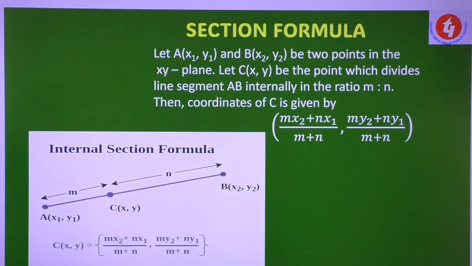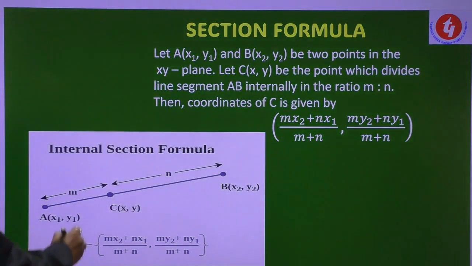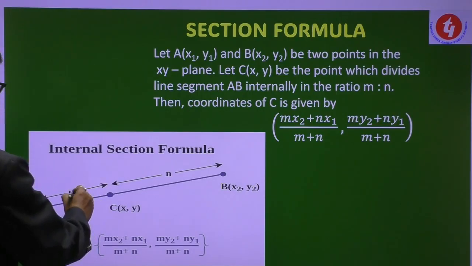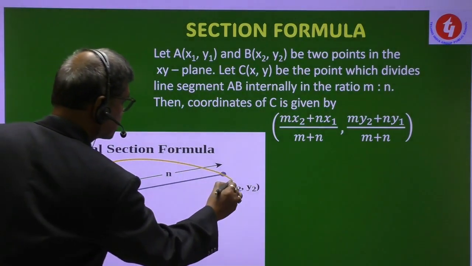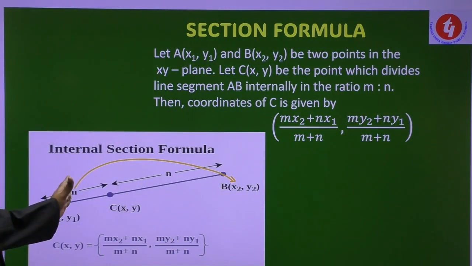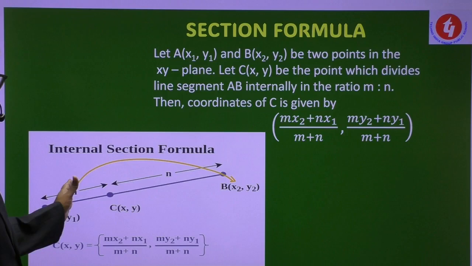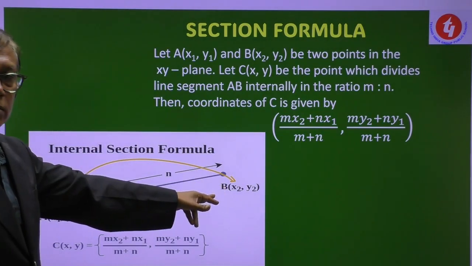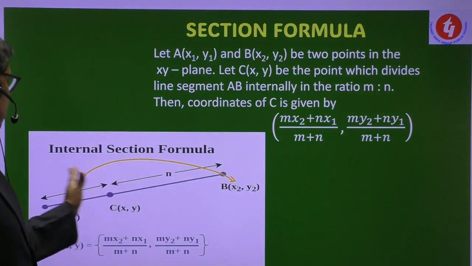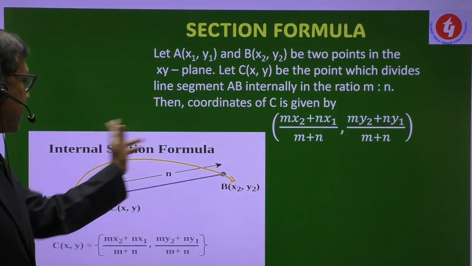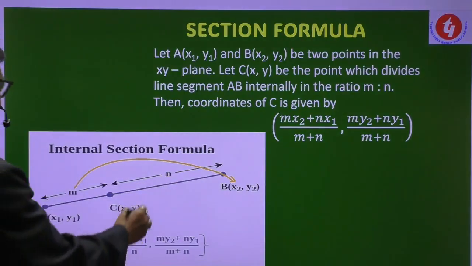This formula is very easy to remember. See here, if you remember the formula like this, say m into x2. When you are taking the part of this ratio, here m, you will take the point which is far away, not near, far away, that is mx2 plus nx1.